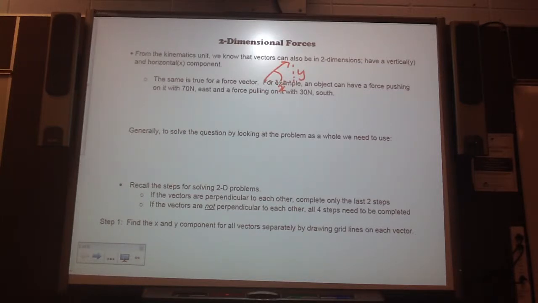As I was saying, the same is true for a force vector. For example, say an object can have a force pushing on it with 70 newtons east. At the same time, a force could also be pushing on it at 30 newtons south. So there could be 2 things acting on one object.